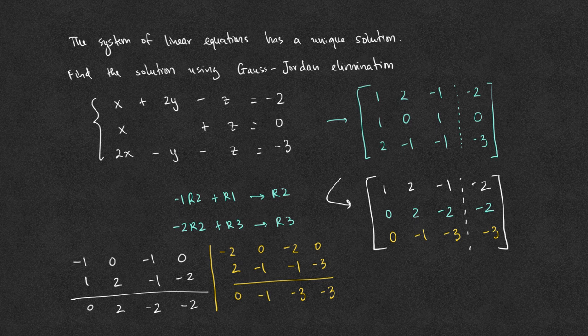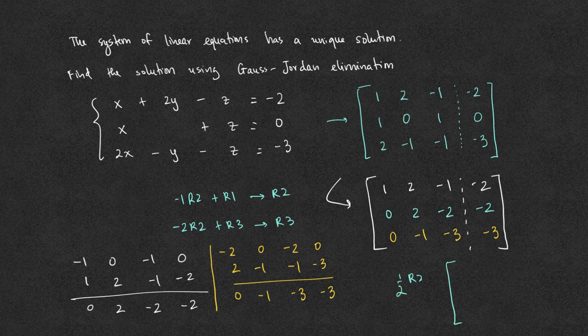Next, we can turn the non-zero entry 2, which is in the diagonal of the coefficient matrix, to 1 by taking row 2 and dividing by 2, or take row 2 multiply 1/2. We will obtain an equivalent matrix.